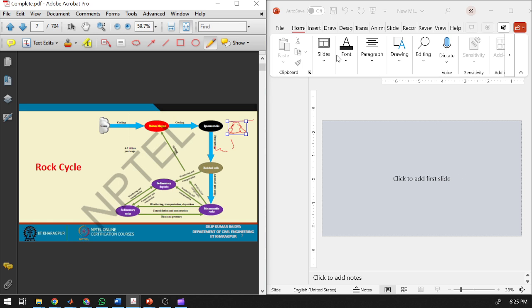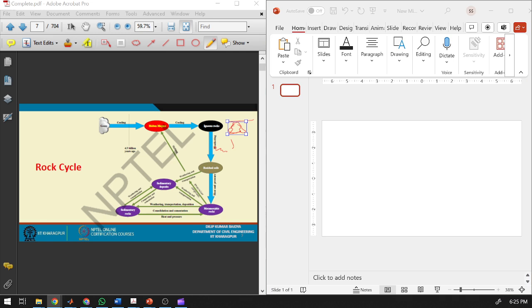This is fine. You can see my screen, yes? And what about the recording screen? Okay, this is fine.